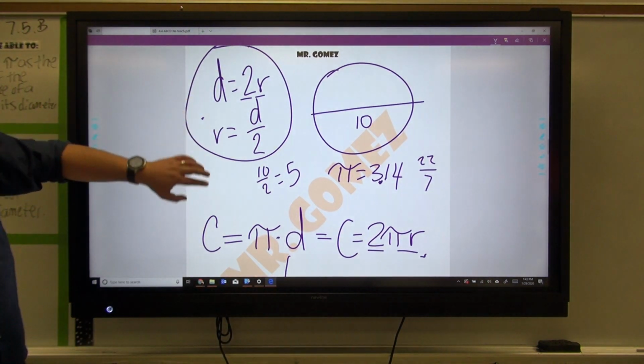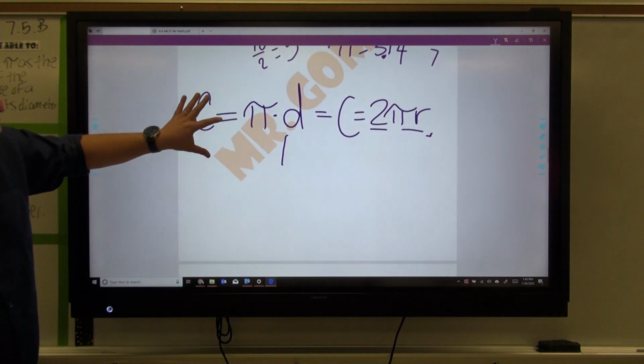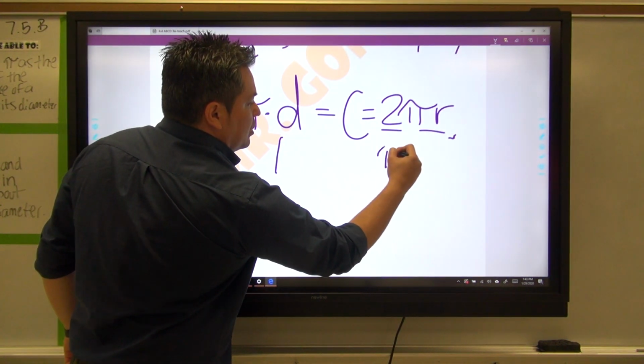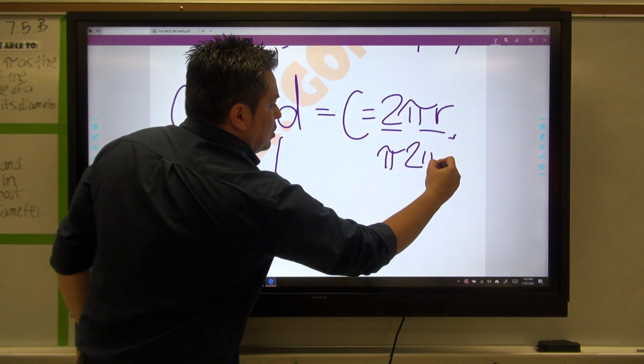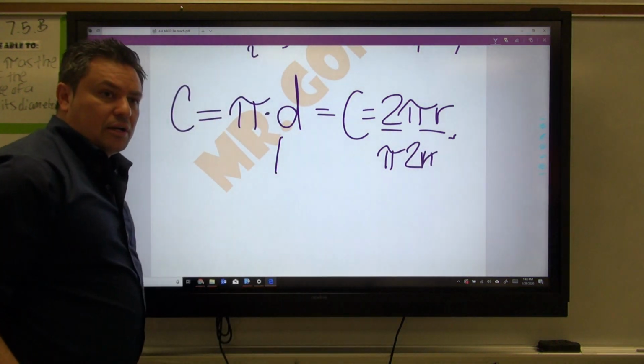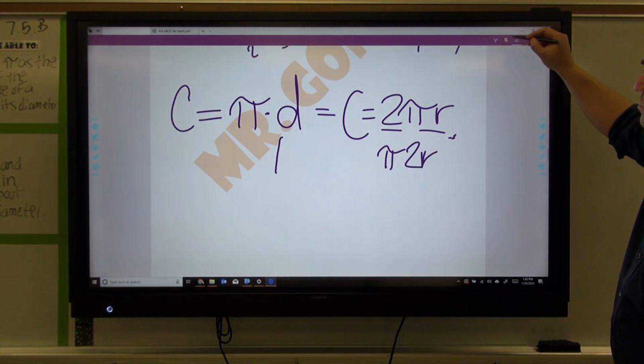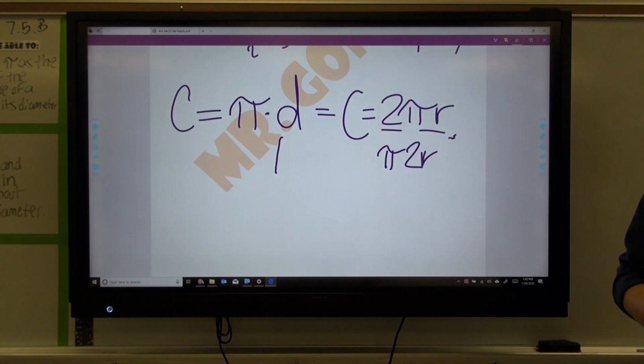Now you can multiply in any order if you want. So if this doesn't make sense to you, you can do pi times r. It'll be the same thing. So that way you can just multiply the number times 2 and then times 3.14.